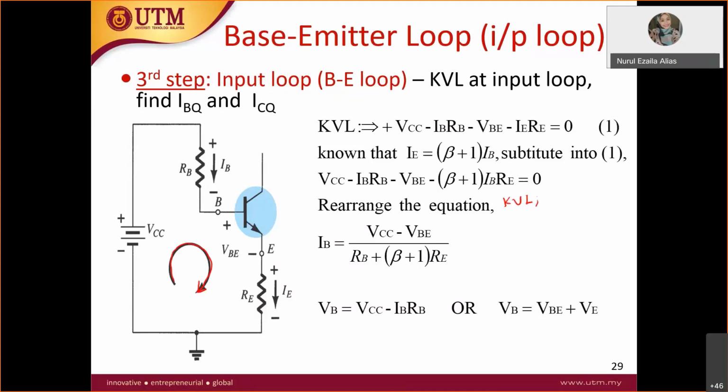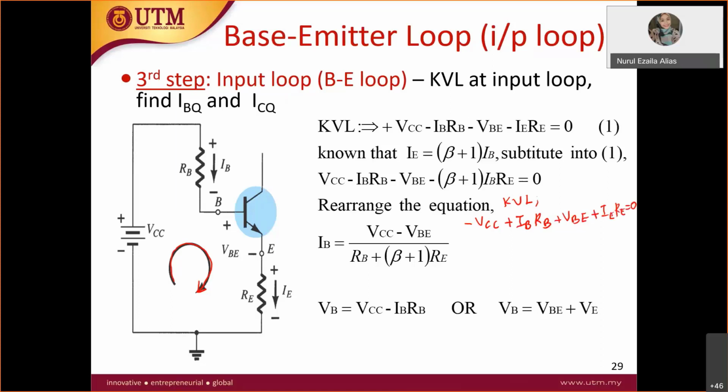KVL here will be negative VCC, and then you have IBRB, plus VBE, do not forget the current flow at the VBE as well. Now we also have a resistor here, therefore you have plus IE RE equal to 0.